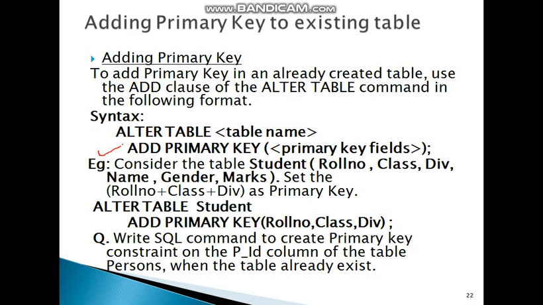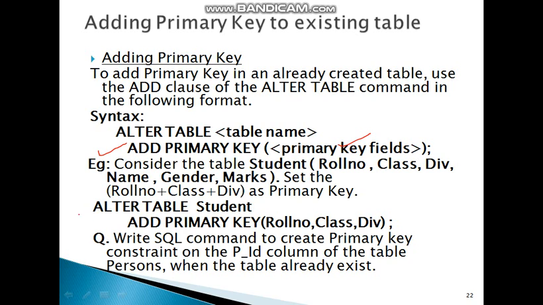You can do that using the add subclause. Alter table name, add primary key, and mention which key we want to set as the primary key within the brackets. If you want to give a composite key, we can separate each field by commas.